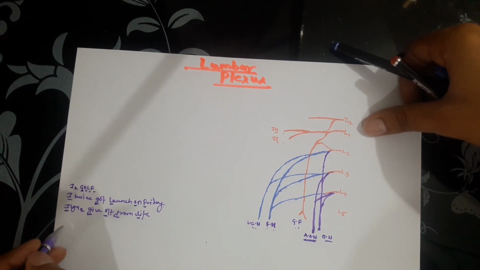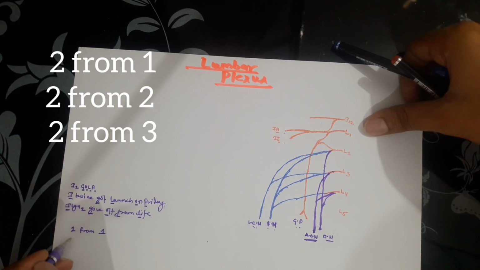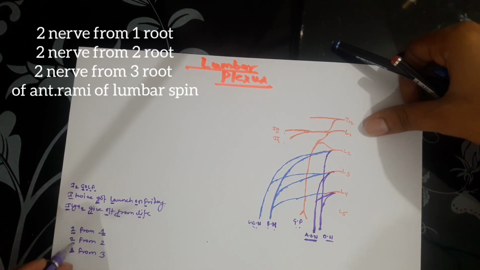I am going to write the formula: 2 from 1, 2 from 2, and 2 from 3. So here we can see 2 nerves from 1 root, 2 nerves from 2 roots, and 2 nerves from 3 roots.